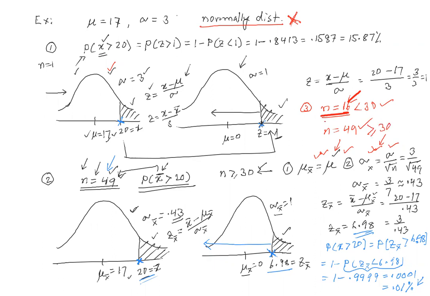Even though we don't know the distribution of the original population, it really doesn't matter. You can apply the central limit theorem's conclusions and come up with your probabilities, as we did here. Even though I knew it was originally normally distributed, had it not been the case, I could still have done this calculation and would have gotten the same answer.